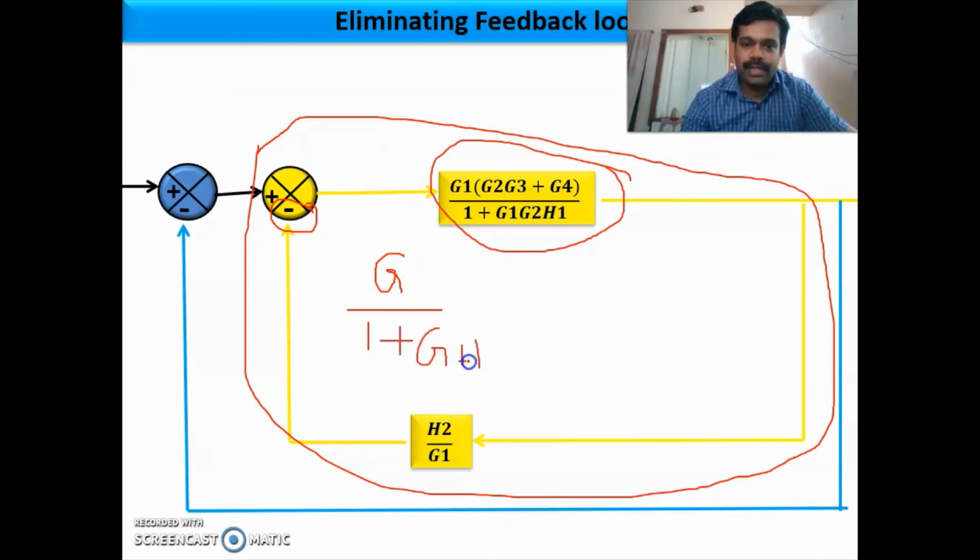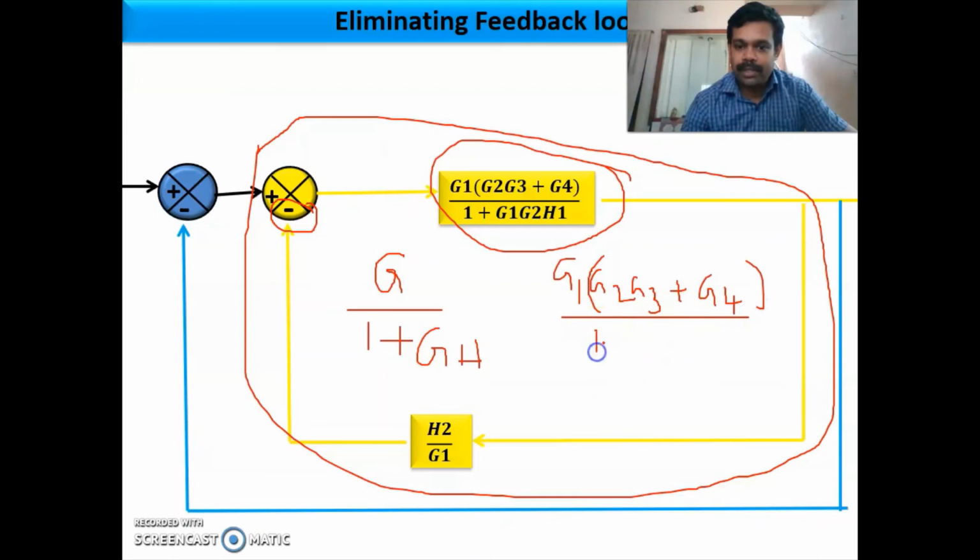So in the place of G, you are having G1 into G2, G3 plus G4 divided by 1 plus G1 G2 H1. This is nothing but your G.